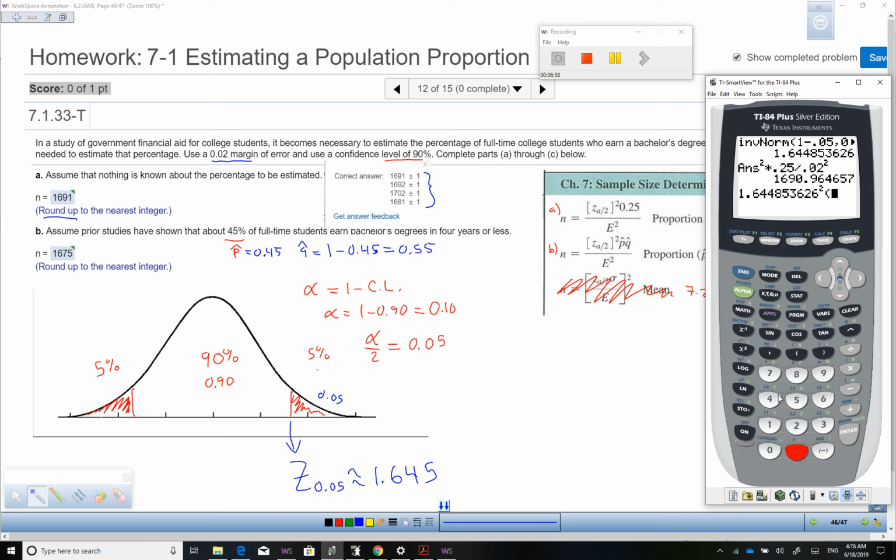So that's 0.45 times 0.55, and then divide this by the margin of error, 0.02 raised to the second power, and that's how you get this 1675. Don't forget to round up. Round up means go up to the next integer, which in this case is 1676. Okay, and that's how you do this problem.